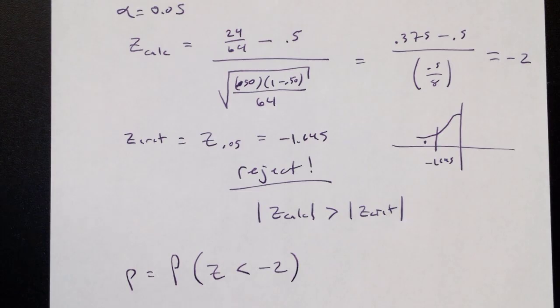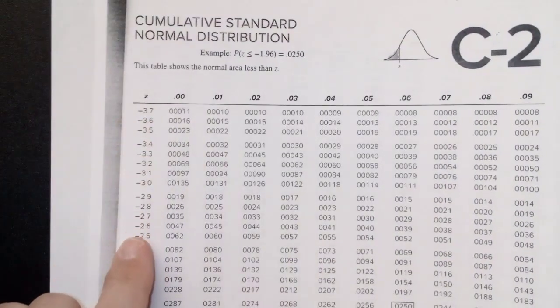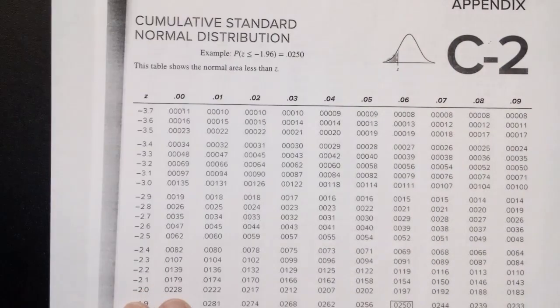What is the chance that z is less than -2? That comes right off my table. At -2.00, the chance of being less than that is 0.0228.